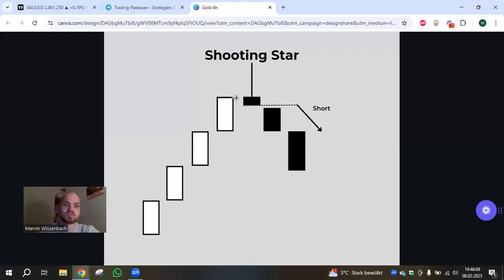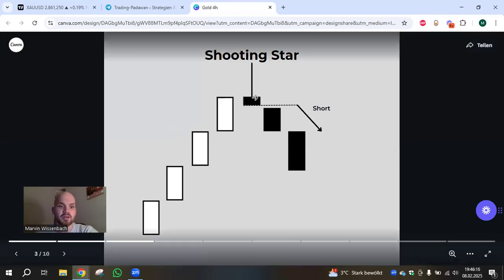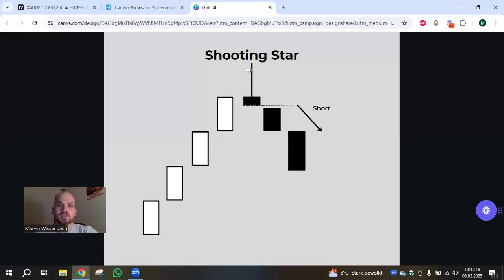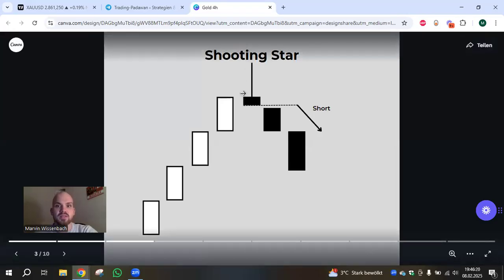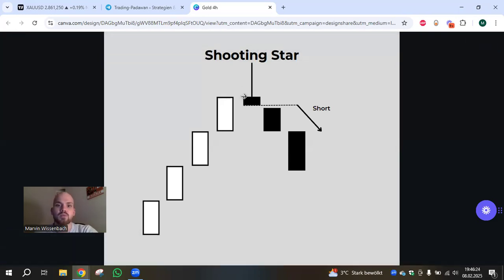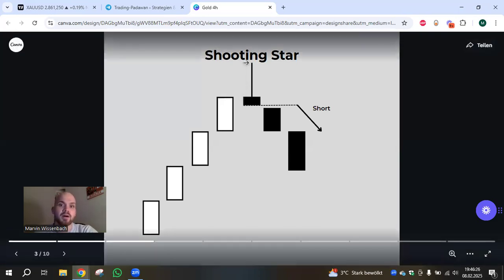So each candle usually has a wick. This is drawn by me, so they don't have a wick, but you can tell by the wick where the market has been. And this large wick to the top tells us that this candle in the previous 4 hours was moving up, up, up, up.